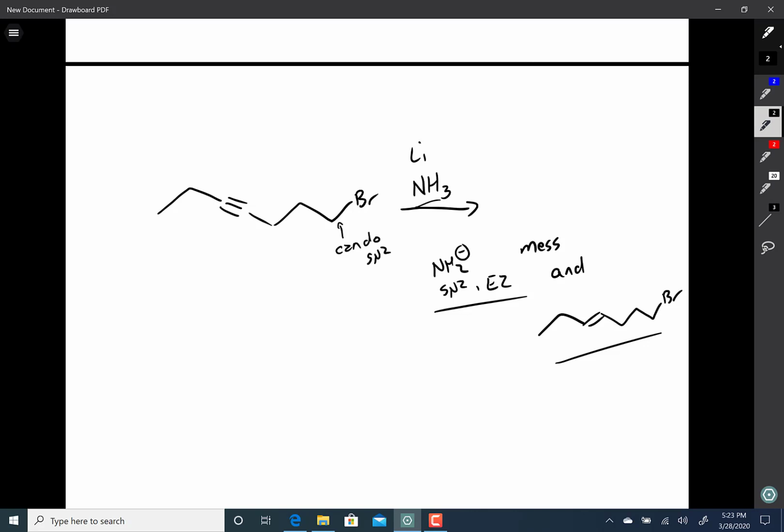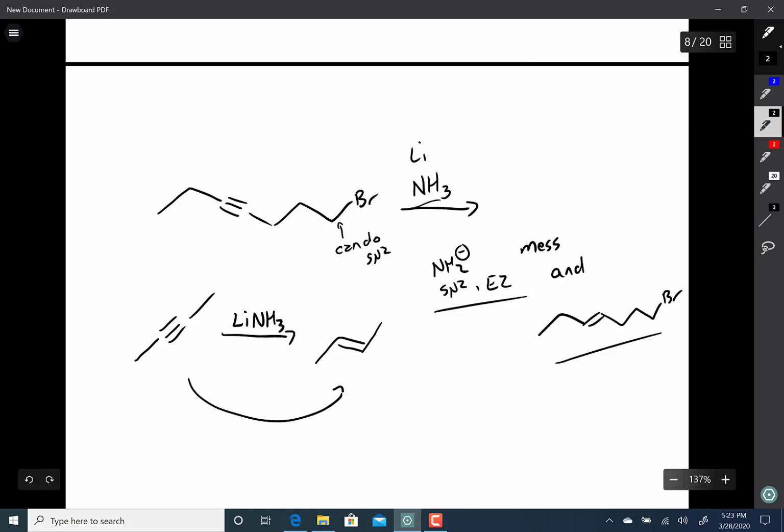Also, this is a very, very common mistake. No, don't do this. This implies they are part of the same compound. It's not. Ammonia is the solvent, lithium is the metal.